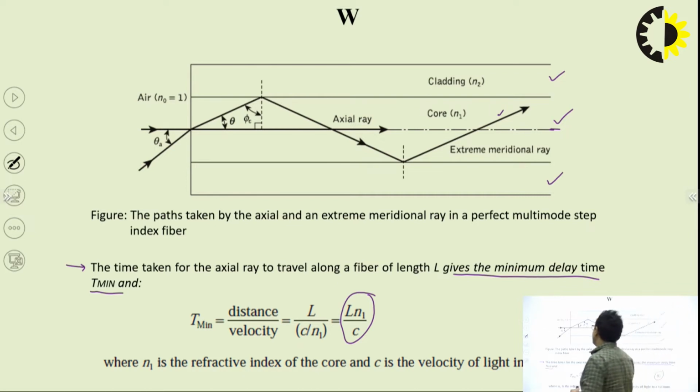If I want to express it in terms of theta, the angle with which a ray refracts at the air and core interface, then theta will be 90 minus phi c.